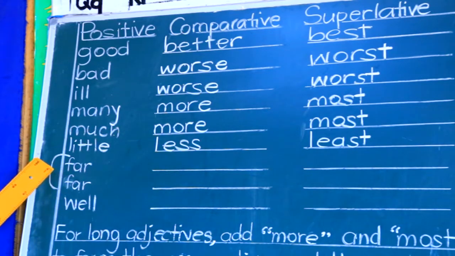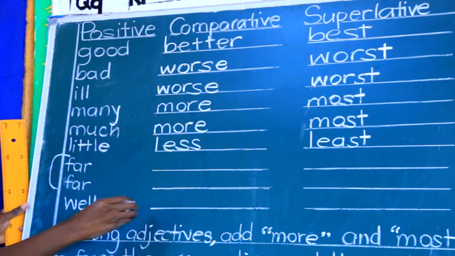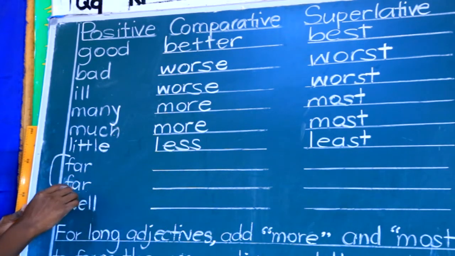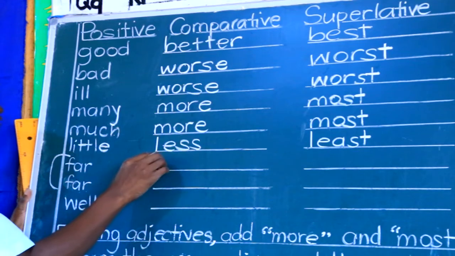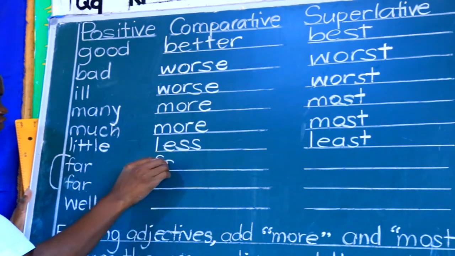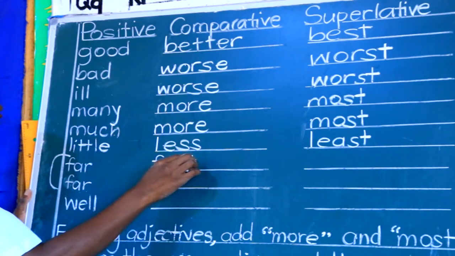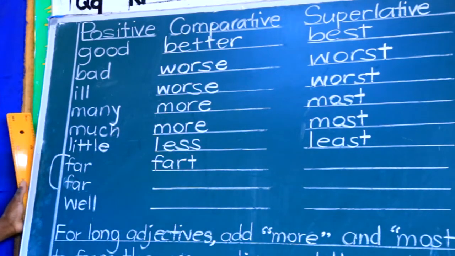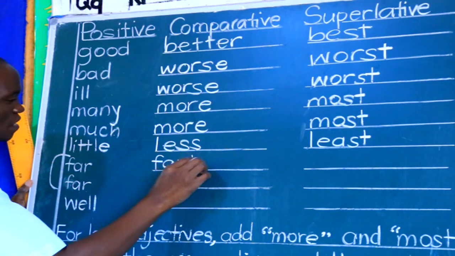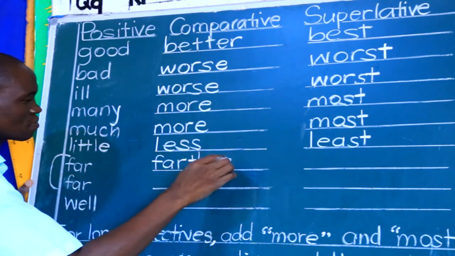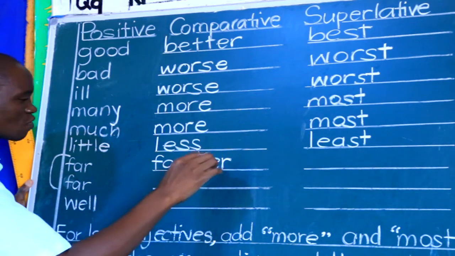Next we go to F-A-R. What is far? Far has two comparatives, that's why I repeated it. We have far, which changes to farther, spelled F-A-R plus T-H-E-R, and not your male parent. I know you have a father at home, but that's not the farther I'm talking about.